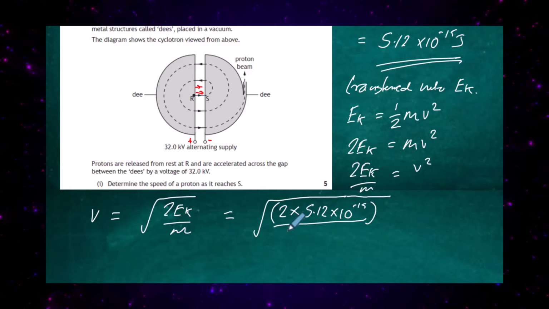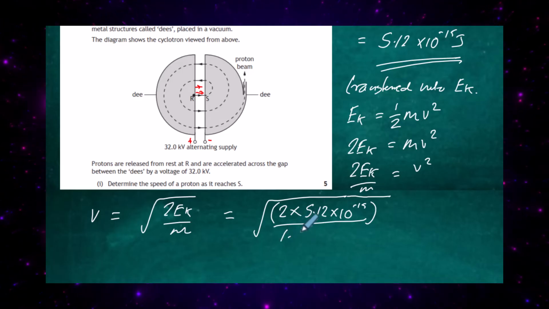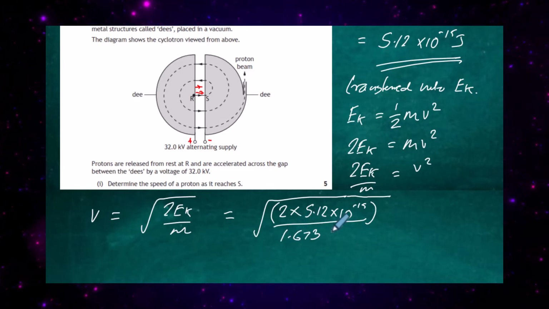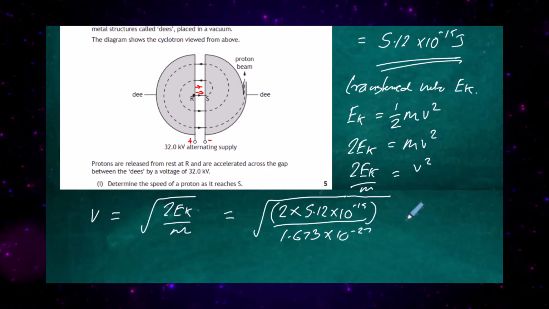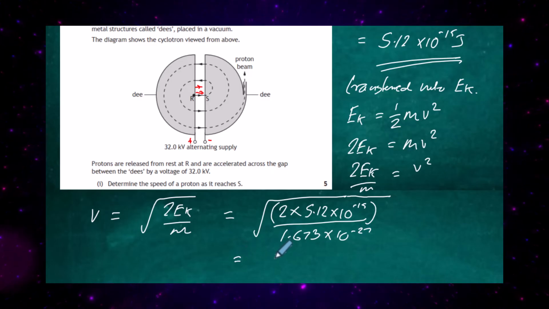The mass of the proton from the data sheet is 1.673 times 10 to the minus 27 kilograms.